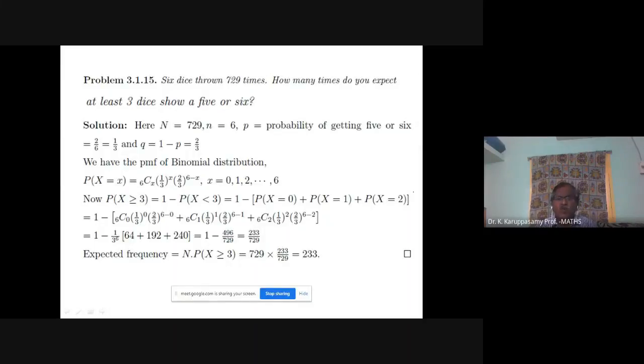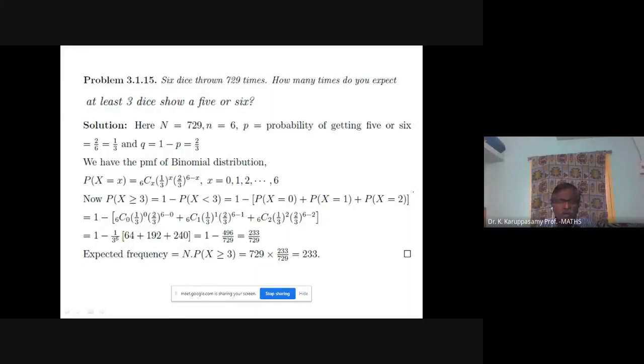Six dice are thrown. You are going to roll 6 dice, faces 1 to 6. How many times are you going to repeat? 729 times. Take 6 dice, roll. Repeat this experiment 729 times. Here, what is your P?